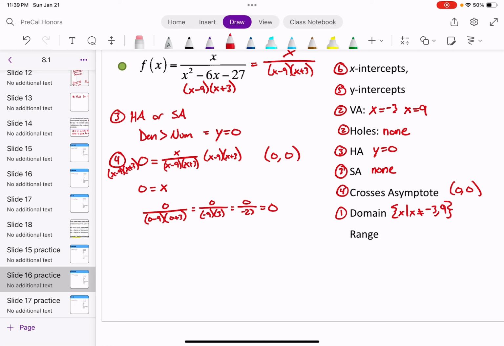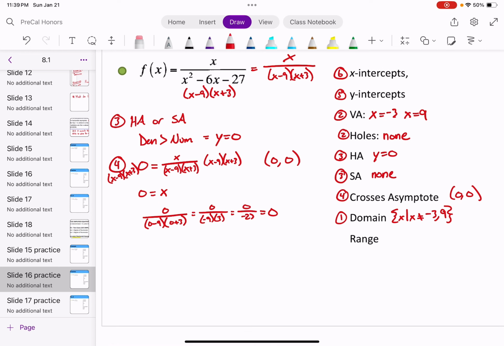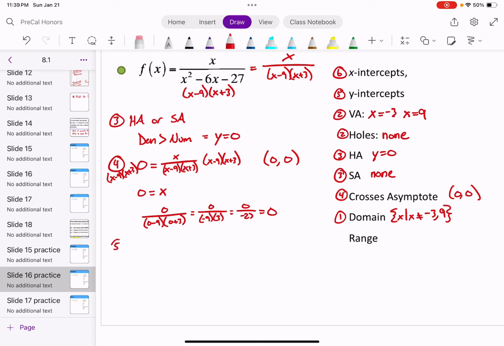We're going to go ahead and figure out our next step, which is our y-intercept. Now we know that our y-intercept is whenever x is equal to 0. So where do we have x equaling 0? Well, that is where that cross asymptote occurs, which means our y-intercept is going to be 0, 0.